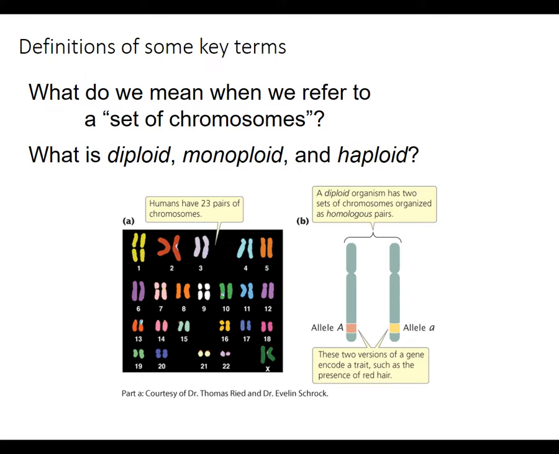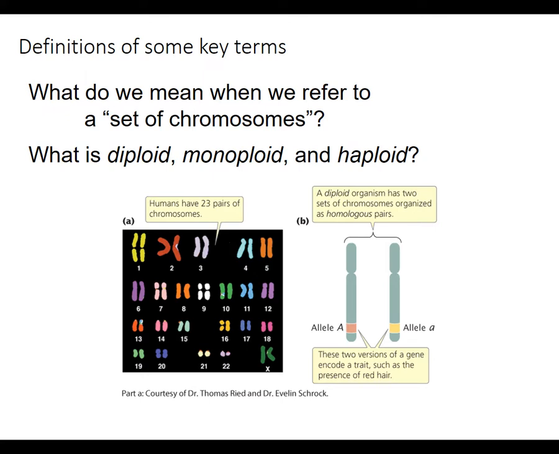The first question I have here is, what do we mean when we refer to a set of chromosomes? And then what is meant by terms such as diploid, monoploid, haploid? These are important questions. I have a whole special tutorial or a couple of tutorials on this. So I'm going to explain it briefly here, and then I will expect you to watch those other tutorials and try the practice problems and see if you're getting stuck or if you're understanding the concepts.